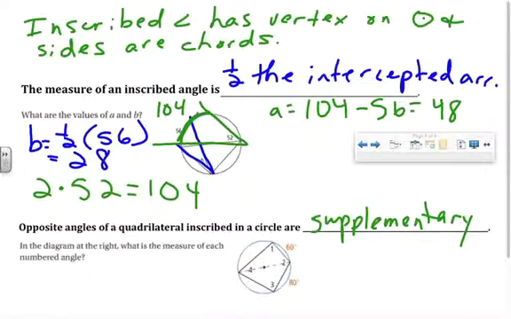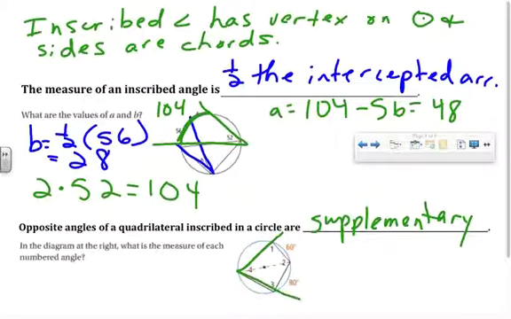So, looking at this diagram, if I look at angle 4, again, if the prospect of an inscribed angle and what is it eating is weird to you, think about Pac-Man opening his mouth up wide, and what is the arc that he's chomping on? Angle 4. What is the arc that angle 4 is eating?